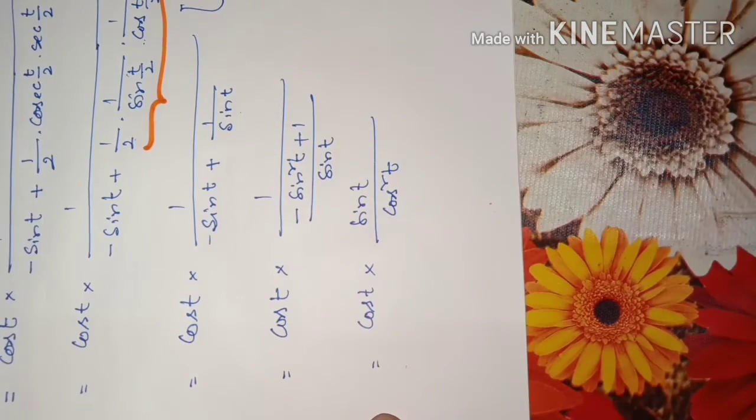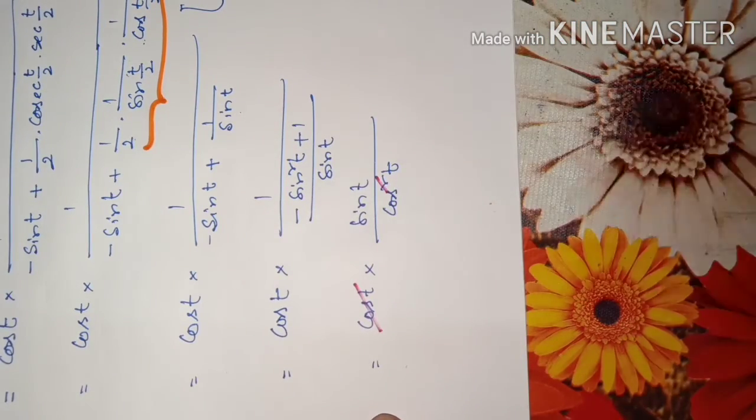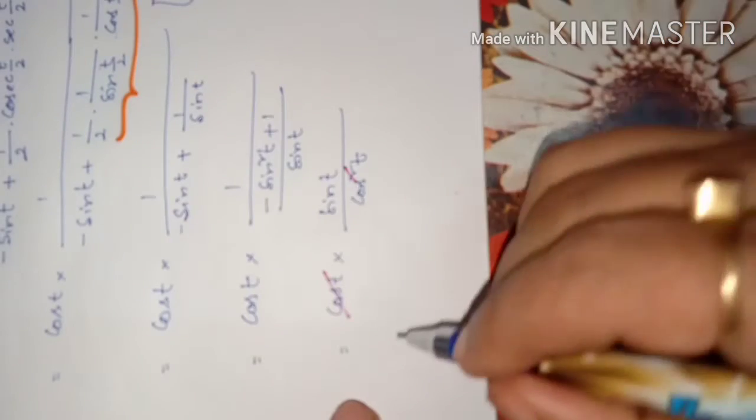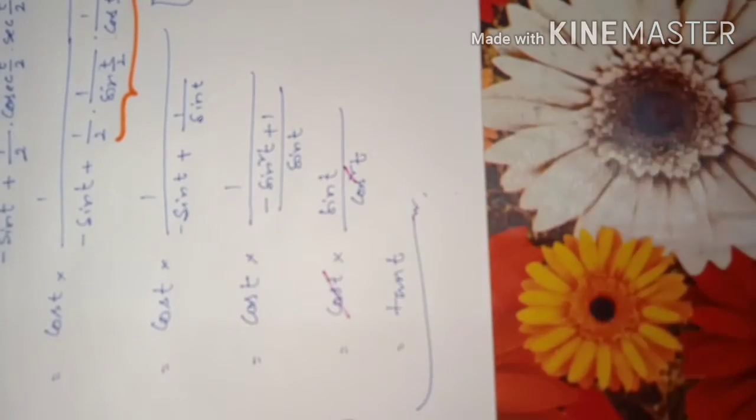So then 1 cos will get cancelled from here, so the outcome is sin t by cos t, that is the result is tan t. This is our final answer for question number 8.